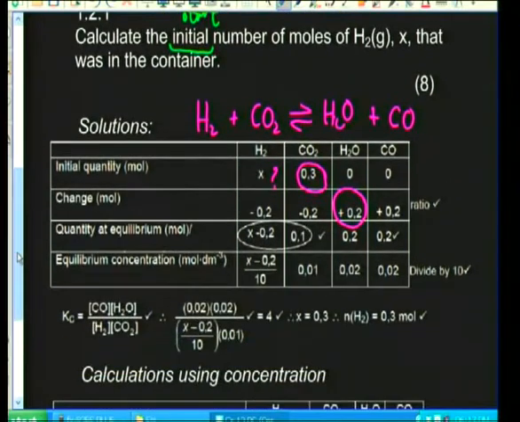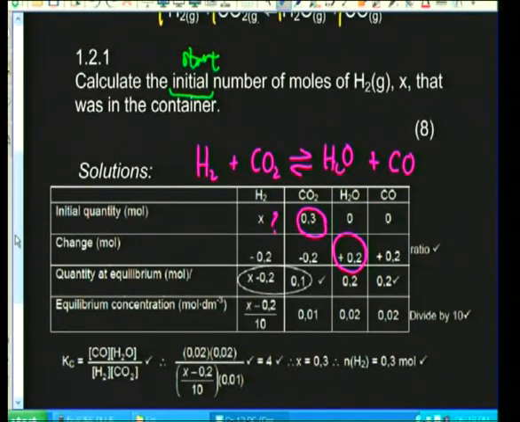So our ratio here is going to be, if I have 0.2 moles of water, I must also have 0.2 moles of carbon monoxide, because they're in a 1:1 ratio. So 0.2 moles has been formed. I was told that.